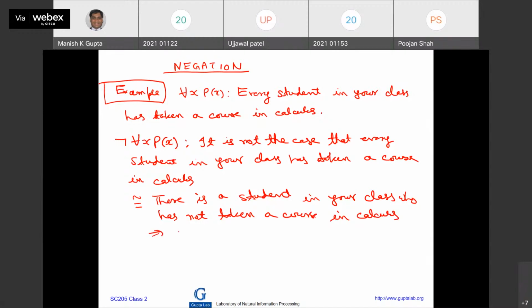That means I can write it like there exists x, negation of P(x), for the whole thing. P(x) is the statement that a student has taken a class, and x is over that range. So we have found that negation of for every x P(x) is the same thing as there exists x negation of P(x).